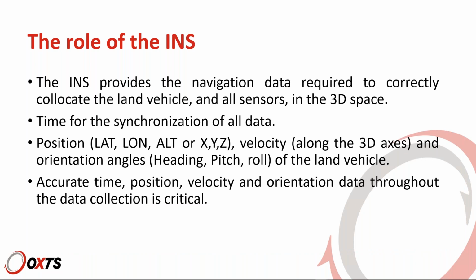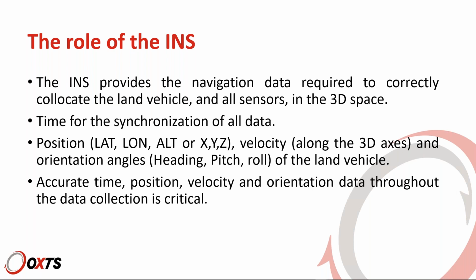So what does the INS do in this context? Very simply, it provides the navigation data that will be required to collocate the land vehicle and consequently all the sensors that will be mounted on the vehicle in the 3D space. So this includes time, first of all, so all of your data is synchronized to the GPS time. And obviously position can be in absolute terms, so lat, lon, alt, or in a local coordinate frame perhaps.